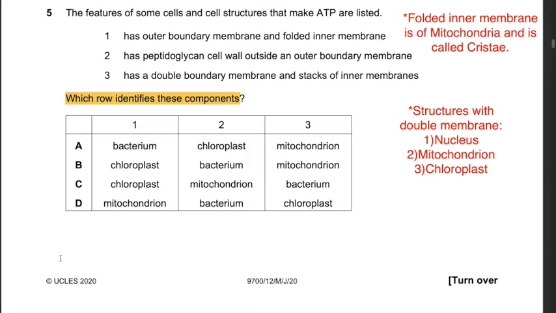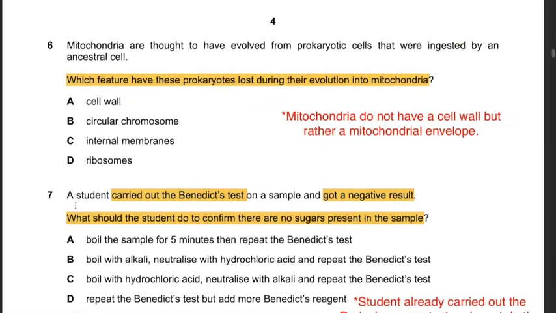The structure which has a folded inner membrane is the mitochondria, and the structure with stacks of inner membranes is the chloroplast. Therefore, the correct answer is D. And obviously, bacterium has a peptidoglycan cell wall. Hence, 1 is mitochondria, 2 is bacterium, 3 is chloroplast.